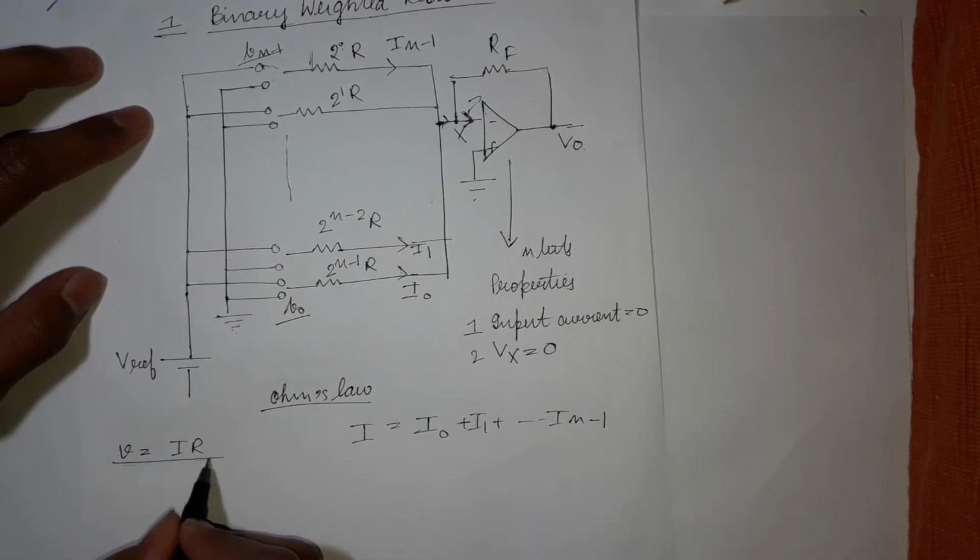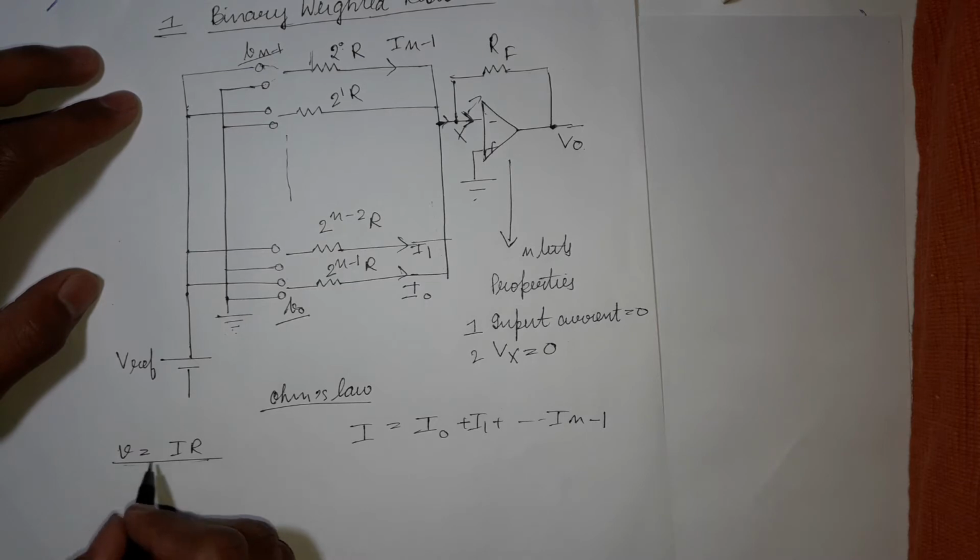Now we need to apply Ohm's law. Now if V is equal to IR, then V upon R is equal to I. Just one thing extra here. We need to multiply this thing by bit number.